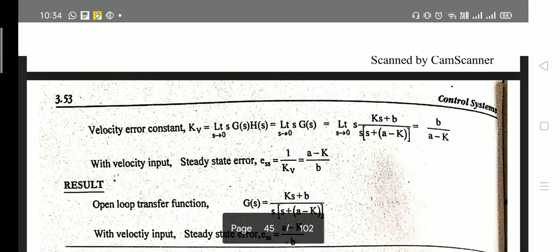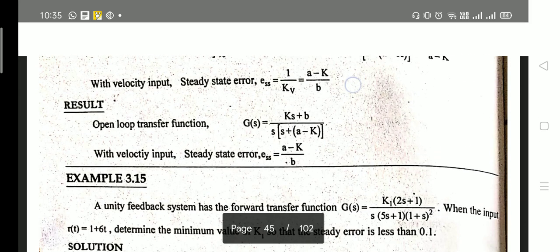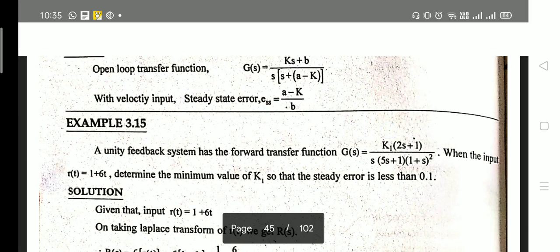So, substitute the G(s) value, that is (Ks + b)/(s(s + A − K)). The s terms cancel, substitute s tends to 0, then we will get b/(A − K). The steady state error ess is equal to 1/Kv, that is (A − K)/b. Okay. This is the final answer for this.